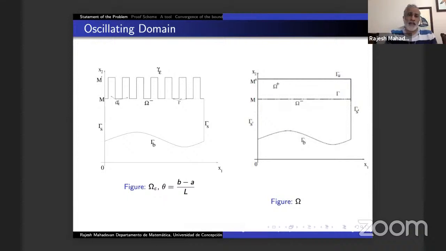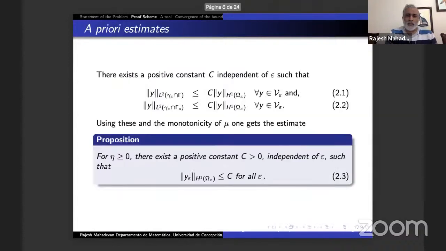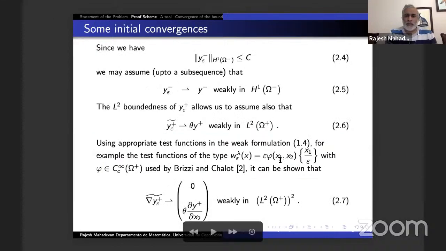Obviously the difference is of order epsilon, because this thickness is of order epsilon. You want this function to live in the upper part, so you multiply by a cutoff function, a smooth function with compact support in the upper part. And so this is more or less the function which you construct.